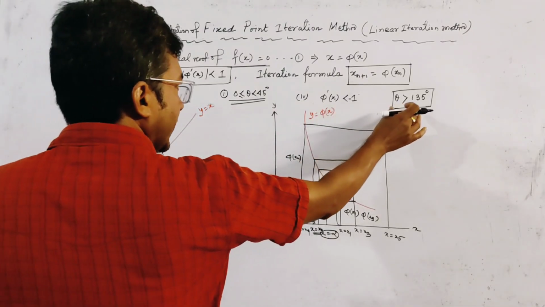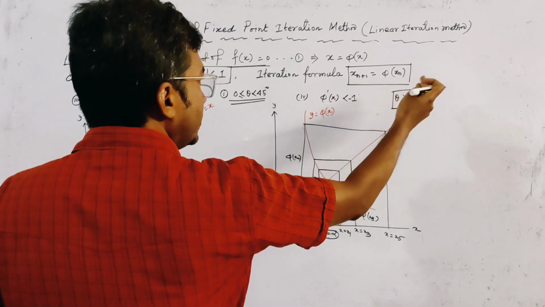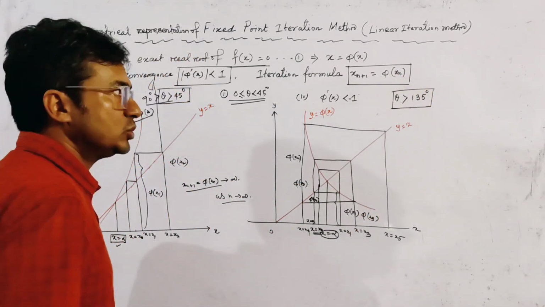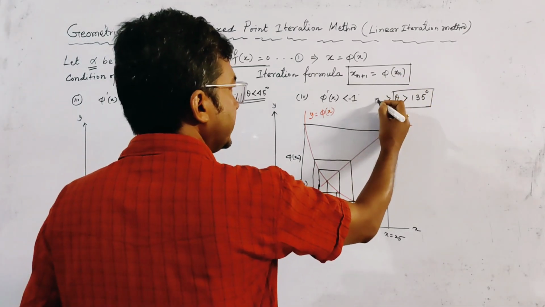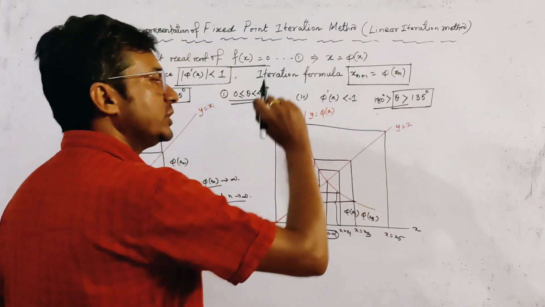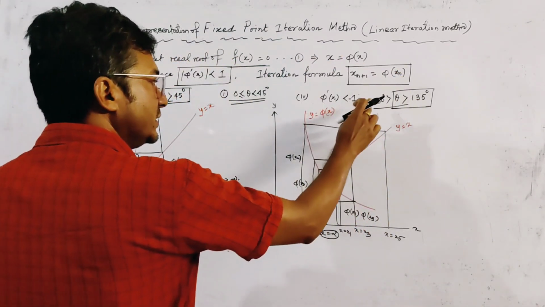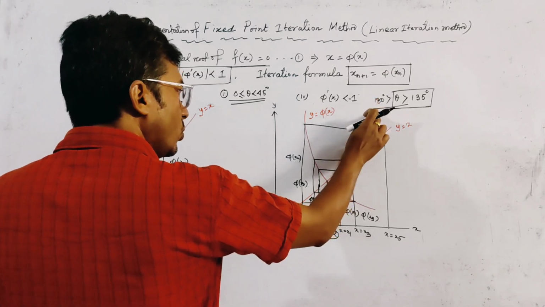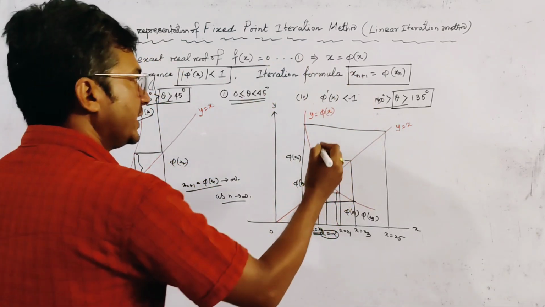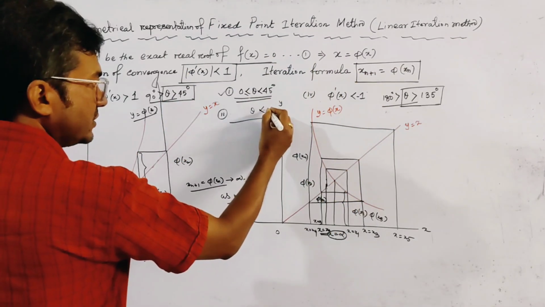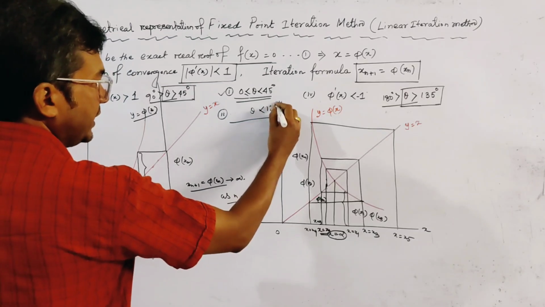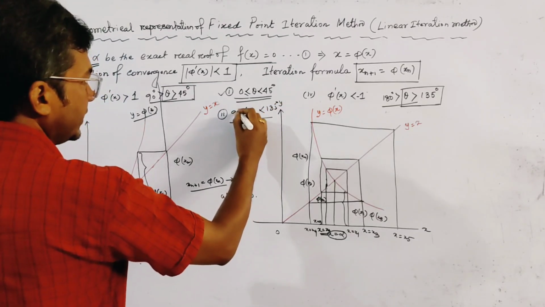And here if theta is greater than 135 degrees up to 180 degrees, then this is also the case of divergence. And in the second case, the other convergent case is less than 135 degrees and greater than 90 degrees.